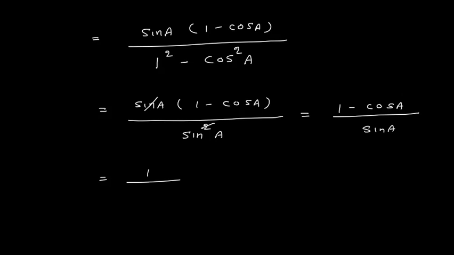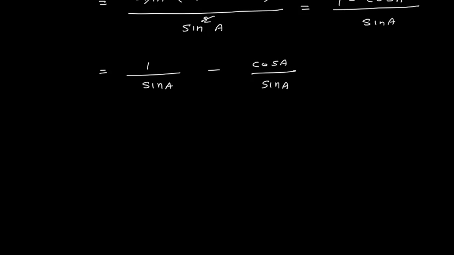It is 1 upon sin A minus cos A upon sin A. 1 upon sin A you can write as cosec A, minus cos A upon sin A you can write as cot A.